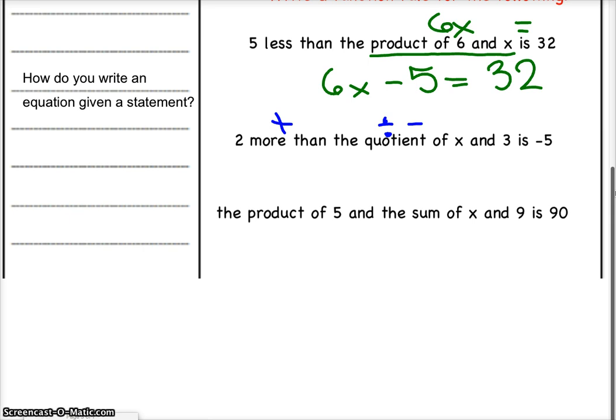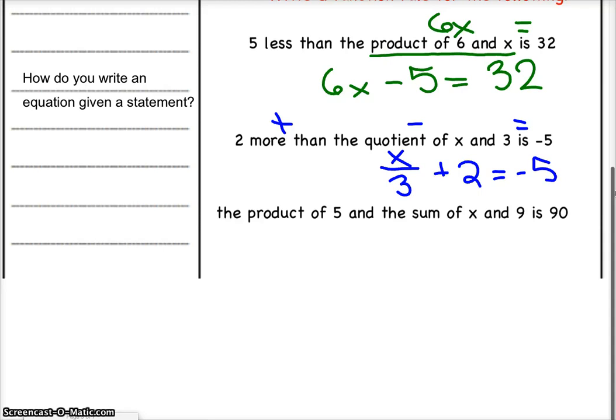Because it is not pretty. Division symbol is messy looking. So it should be the quotient. Whatever goes first goes on top. 2 more than it, so plus 2. Is means equals negative 5. So I'm given a word phrase, and I just created an equation, also known as a function.